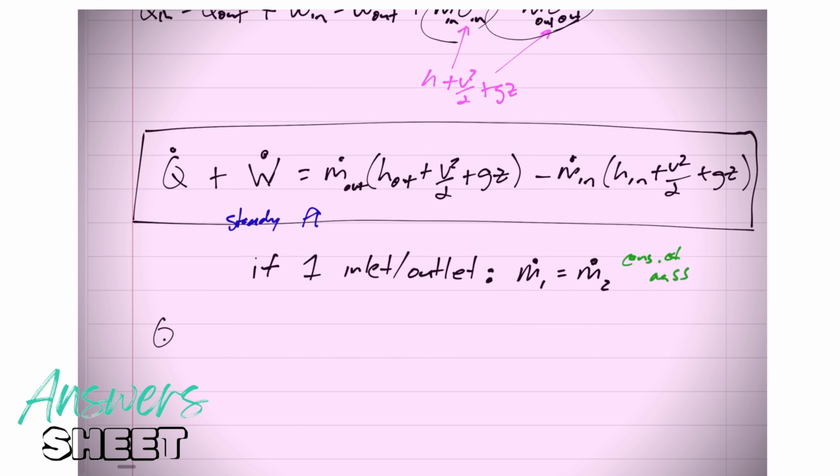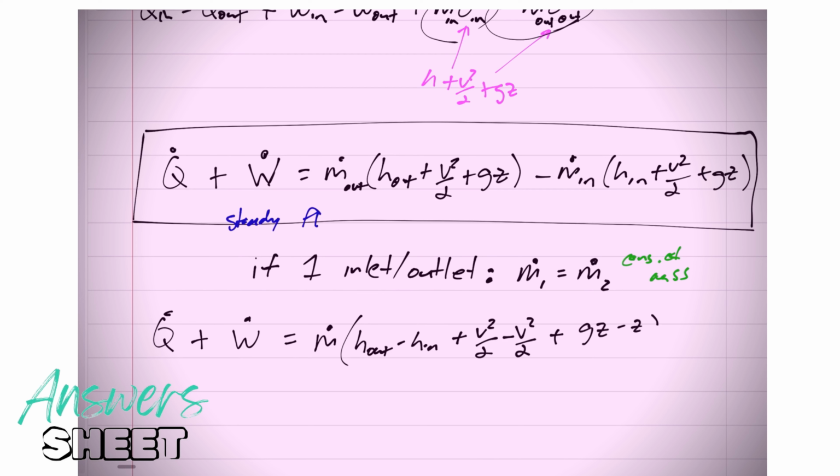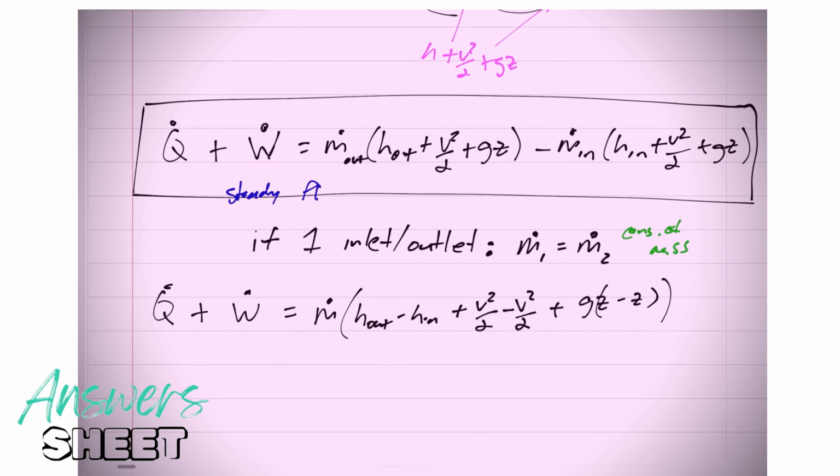And we've got this equation, Q plus W equals just one m dot times the h out minus h in, plus v squared over 2 out minus v squared over 2 in, plus g times the change in z. So we can group the potential energy together, the kinetic energy together, the enthalpy together, if we want to. So here's an equation.